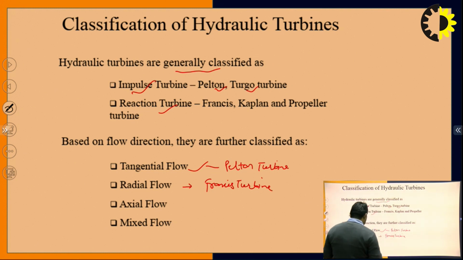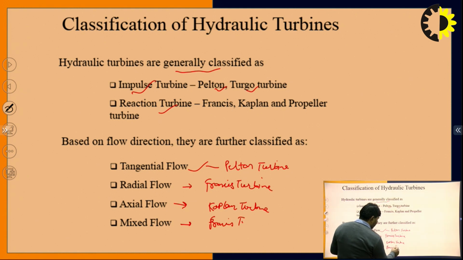The axial turbine is the Kaplan turbine, and the mixed flow turbine is again the Francis turbine.